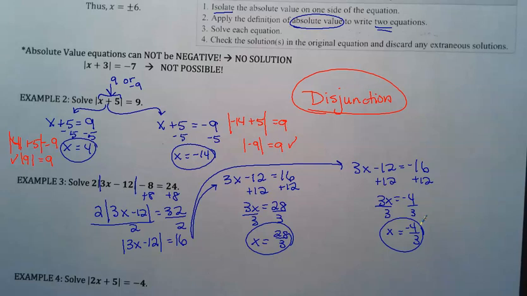Okay, then we're ready for step 4, which is the check to see if we have any extraneous solutions. Again, we have to plug our answer back into the original equation, that 2 times the quantity.